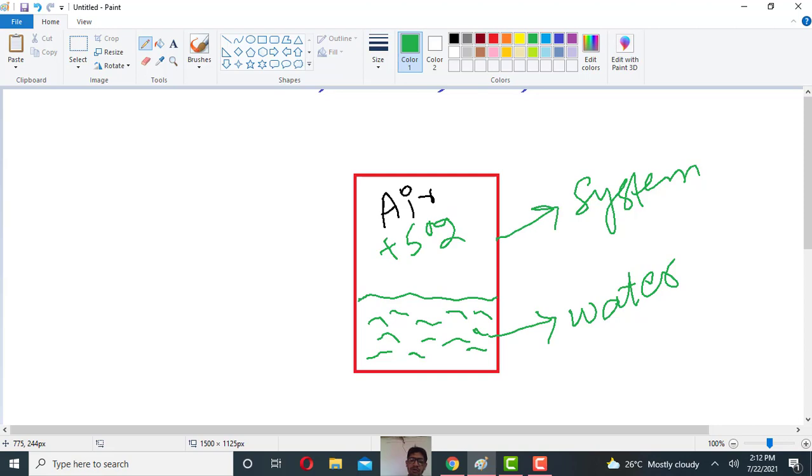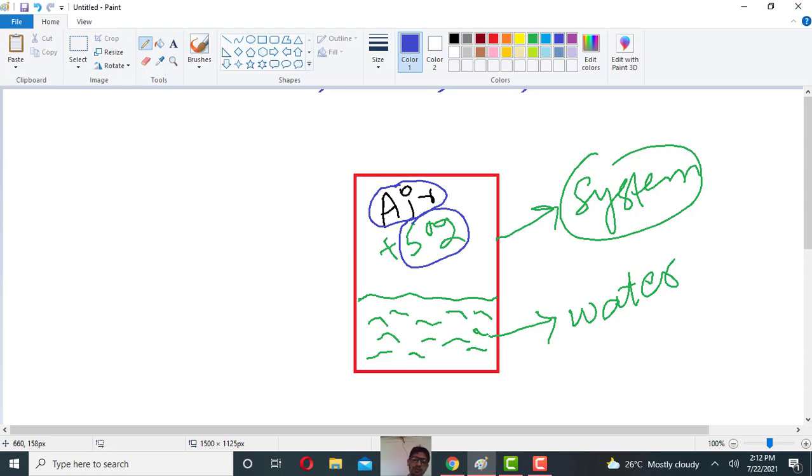Suppose we have a system in which water is present, and above the system there are some gases like sulfur dioxide and air.